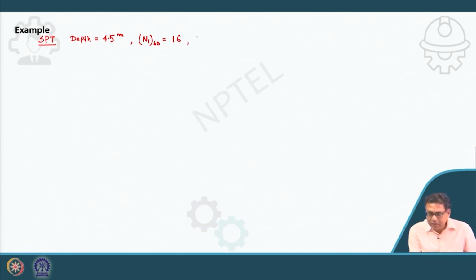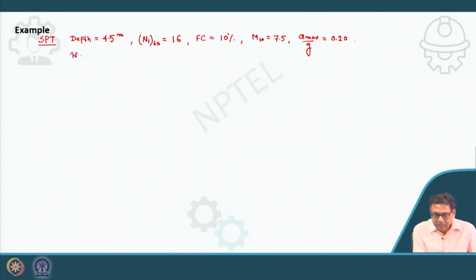The fine content at 4.5 meter is also measured, at 10%. We are designing for an earthquake magnitude of 7.5 with an Amax by G value of 0.2. Now the water table is 2 meter below the ground level.